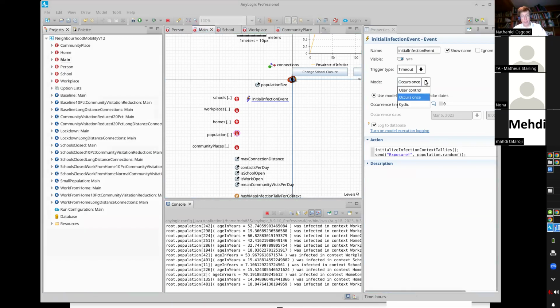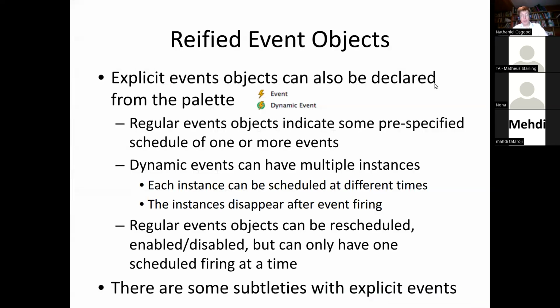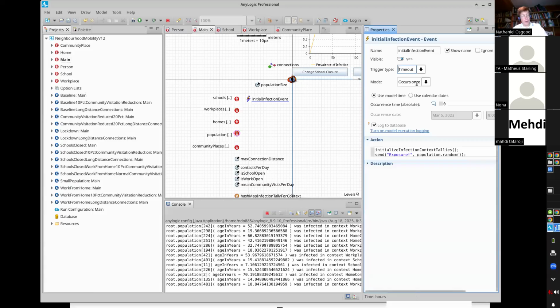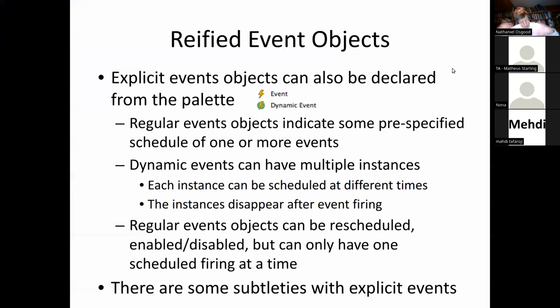Alternatively, we could have it go periodically, cyclically, in which case maybe once a week we report new infection statistics, or the number of people in the ICU, the number of people in the hospital wards not in ICU, and the number of people currently diagnosed, or what have you. Alternatively, we can set, for example, a rate transition which fires at a certain Poisson rate, a certain chance per unit time.